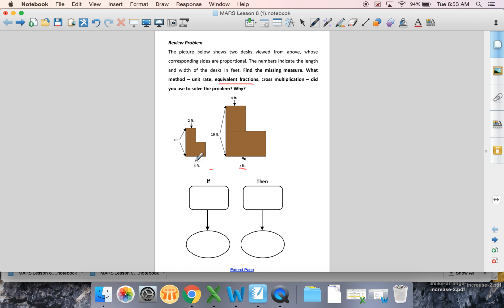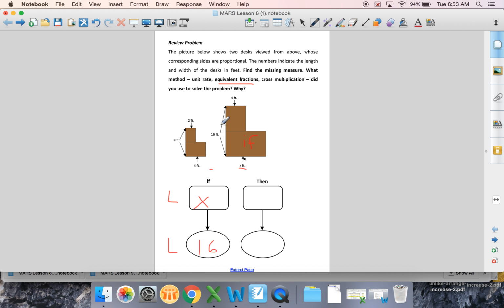Okay, so let's fill in. We've got our large desk compared to our small desk. So if I have my x feet here, let's say this is my large, and I'm comparing my large again. So here's my if. And let's compare my large x feet to this side here. 16 feet is fine.